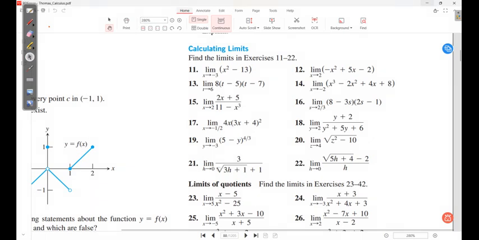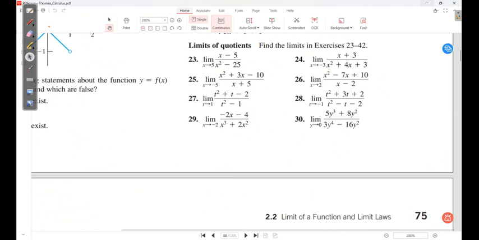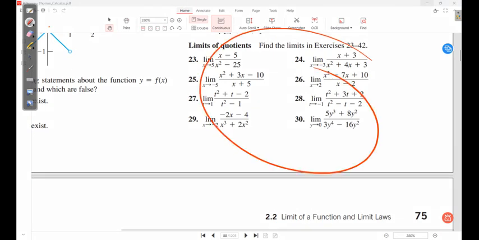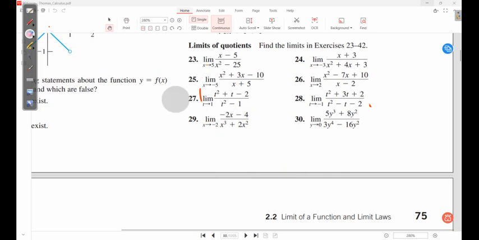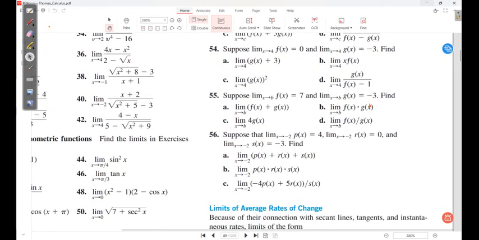Right? No issues there. Equally, all these, you should be able to answer all these with no queries.